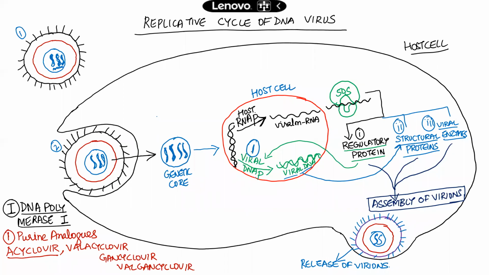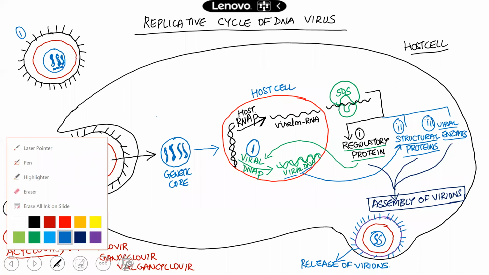So when the viral DNA polymerase activity gets inhibited, what do you think will happen? The structural proteins that were bound to form due to the activity of this viral DNA polymerase will not form. And when the structural proteins are not formed, the basic structure of the virus particle is not formed. And when that is not formed, there's no point of them being released from the host cell. So that is how your purine analogs like acyclovir act.